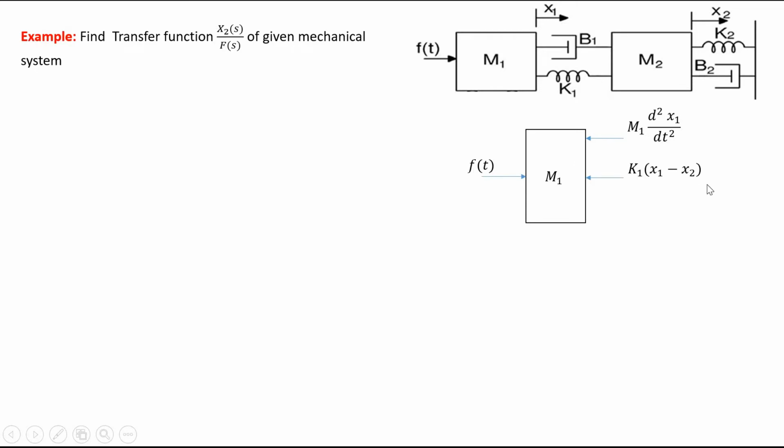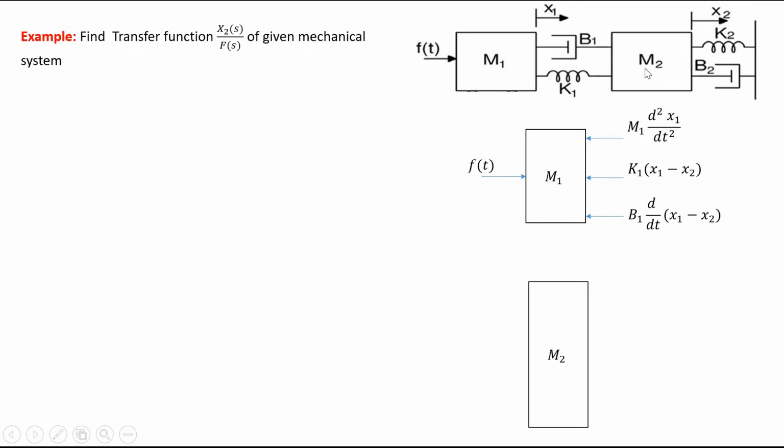So the equation is k1(x1 − x2). Again b1, the equation is b d/dt of x. Since b is attached to m1 and m2, we consider x1 and x2, first x1 because we are considering m1. So b1 d/dt of (x1 − x2). This is the free body diagram of m1.